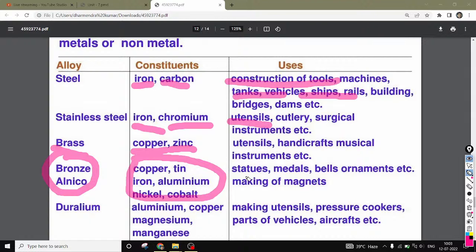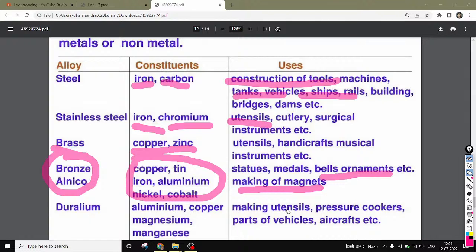Some of the statues are made of this alloy. Medals, bells, ornaments, etc., and making of magnets, right? So some magnets which are used in musical instruments, right? That can also be made up of this alloy.